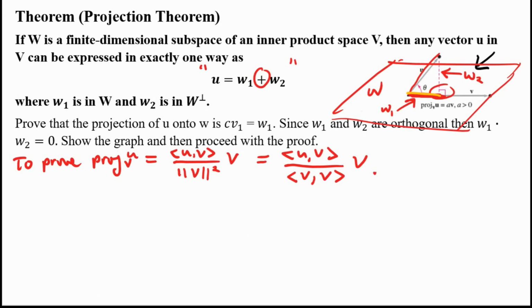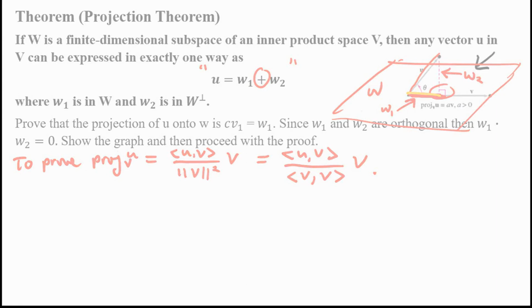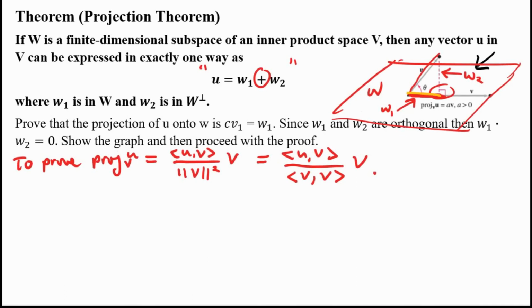So here, I'm going to use black. So here, I'm going to call it W1. Let W1 equal to what we're saying, av. It's that part right here, right?